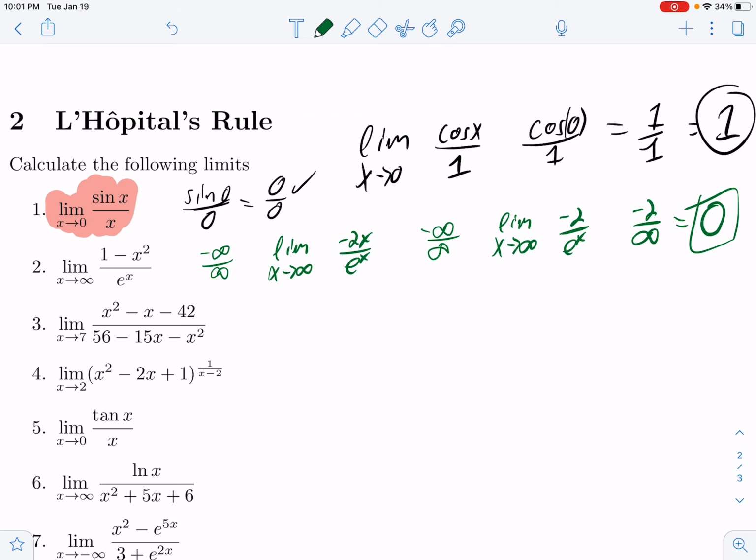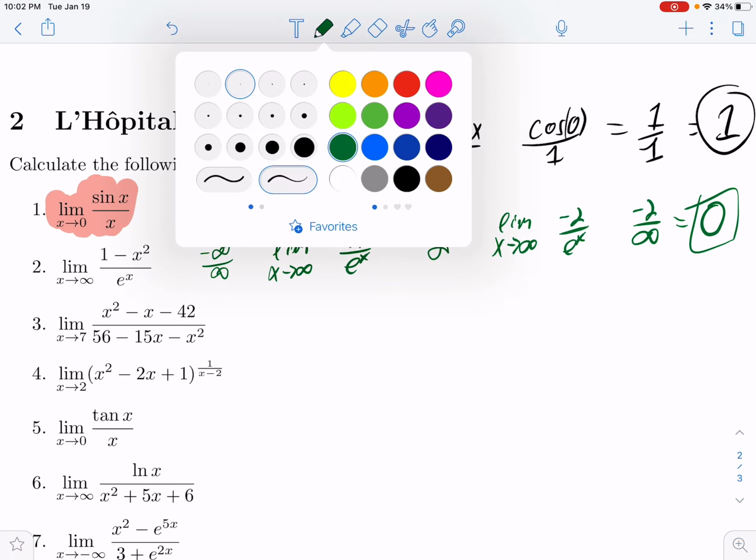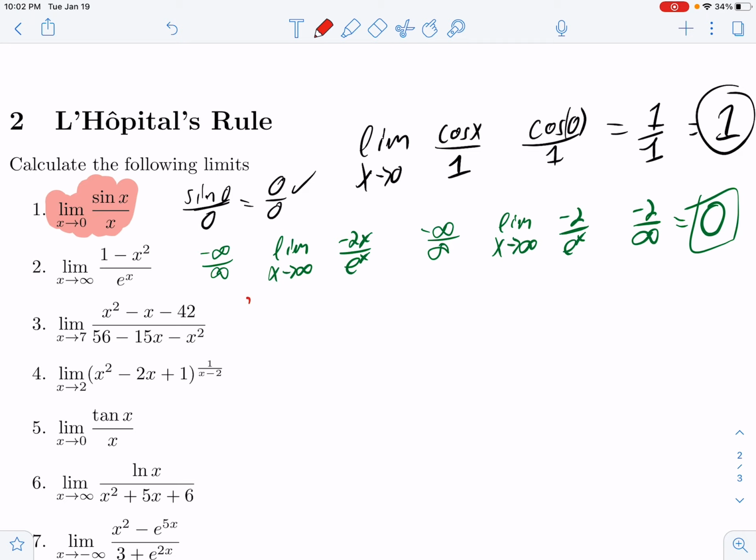All right, number 3. I plug in 7 to the top and I get 0. I plug in 7 to the bottom. Do I get 0? I don't think I get 0. I don't get 0 on the bottom. So that's good.